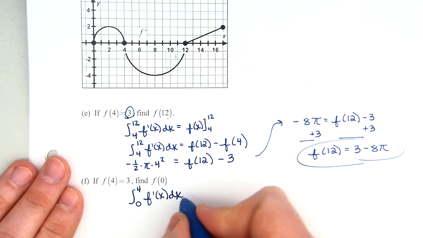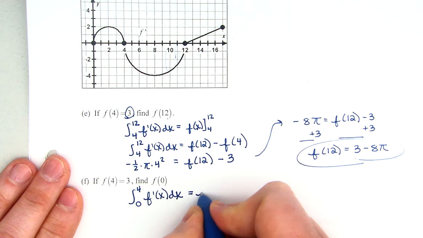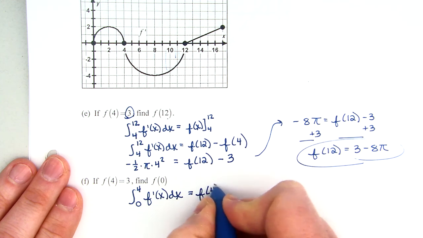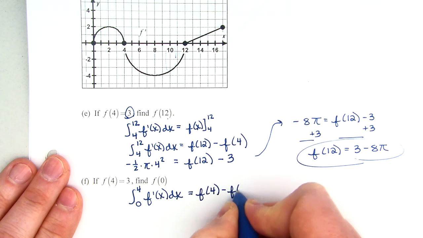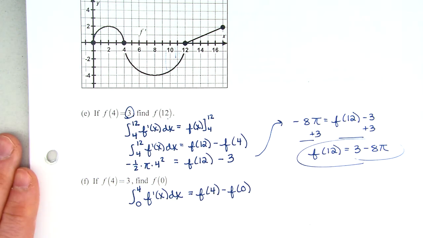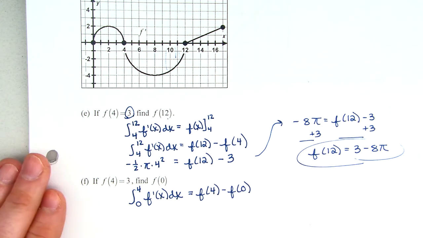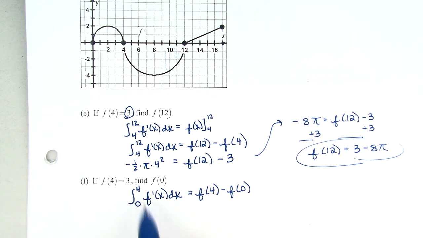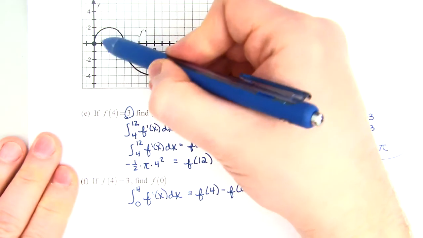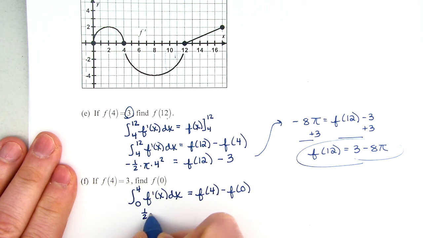On the other side of my equation, this is going to equal f of 4 minus f of 0. Tell me what the integral from 0 to 4 of f prime of x dx is. Semicircle. 1/2 times pi times 2 squared.